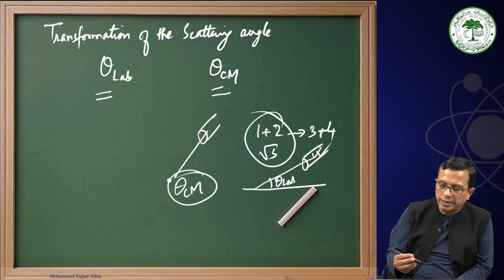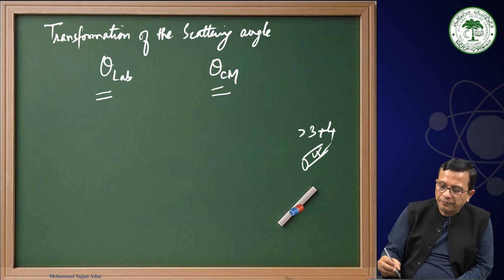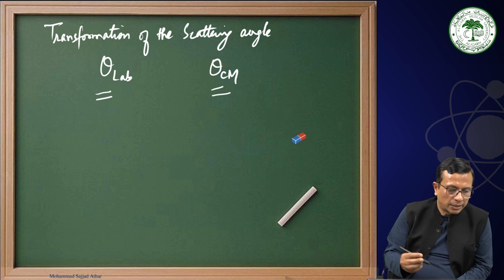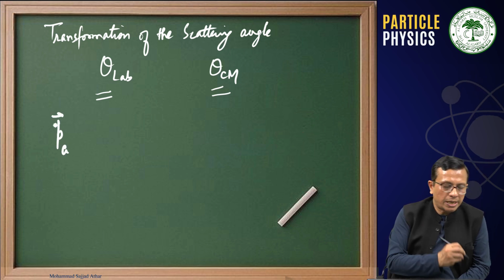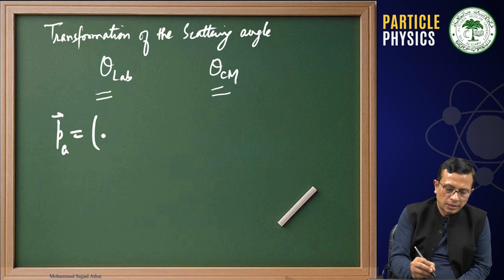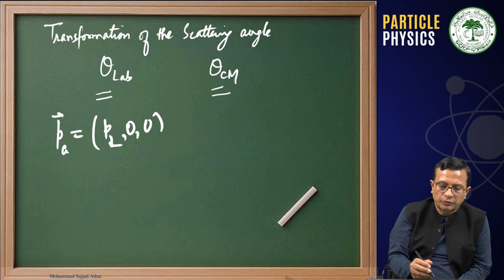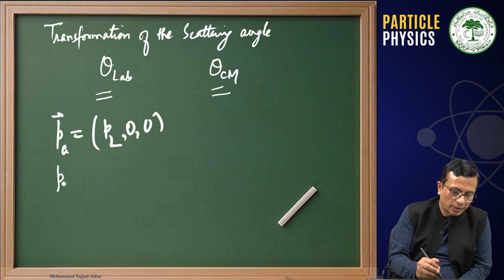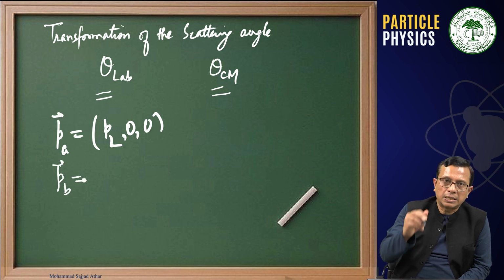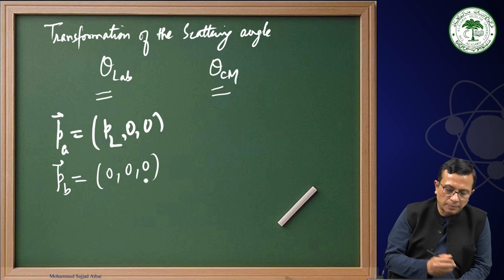Therefore, the important point is that when we are talking about the lab frame and the center of mass frame, then if you recall, in A plus B, PA has components, and the particle is moving along the x direction only, therefore the momentum is only along the x direction. PB, particle B in the laboratory frame, is at rest, therefore all these components will be 0.